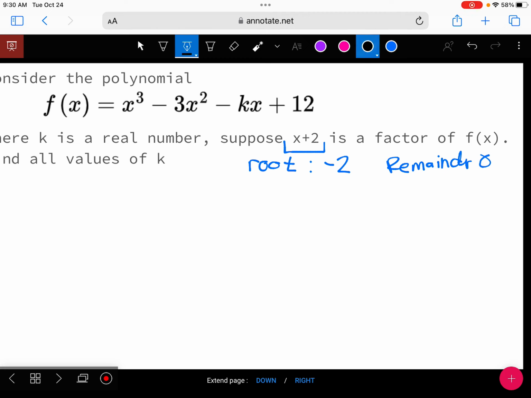Which means we know that f of -2 equals 0. So we have the ordered pair here of -2, 0. So it uses that remainder theorem to make the instructions more complicated.